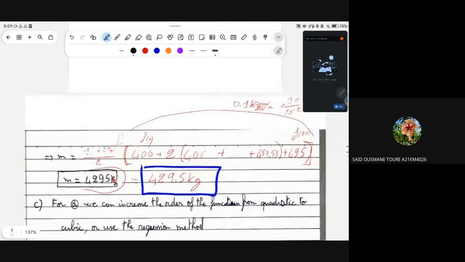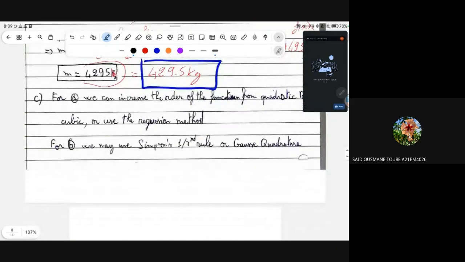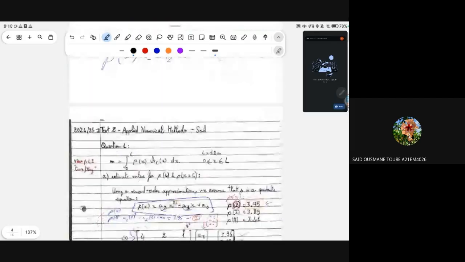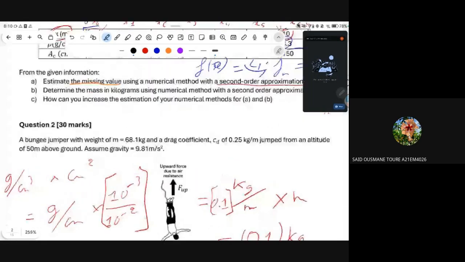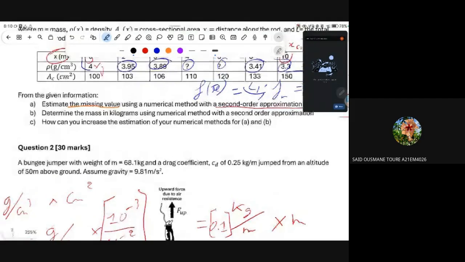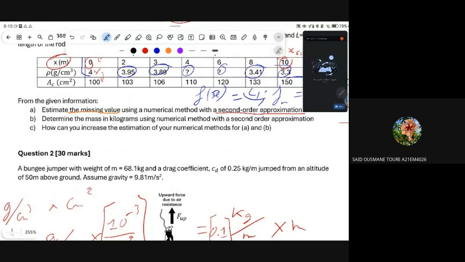Okay, perfect. So now we move to C. C is pretty simple. Hold on, I'm going directly to the answer. C: how can you increase the estimation of your numerical methods? Now you guys have to let me know. There are two solutions, because we know that there are multiple methods and one is more accurate than the other.